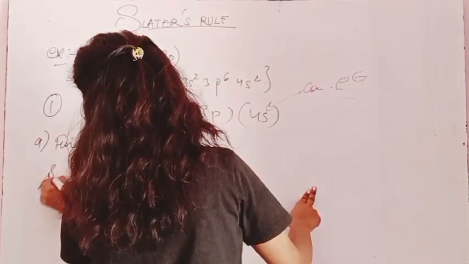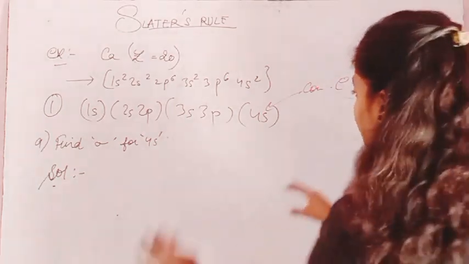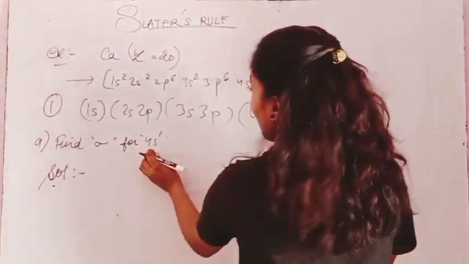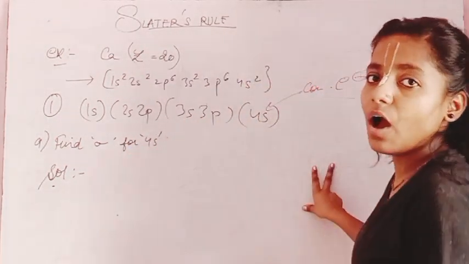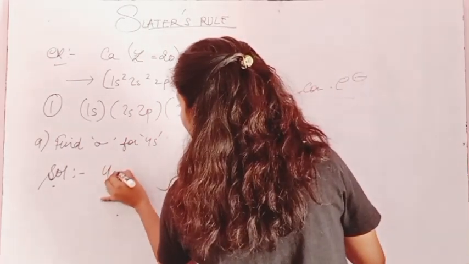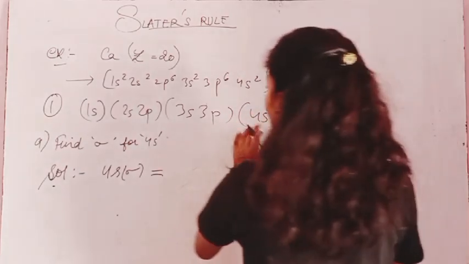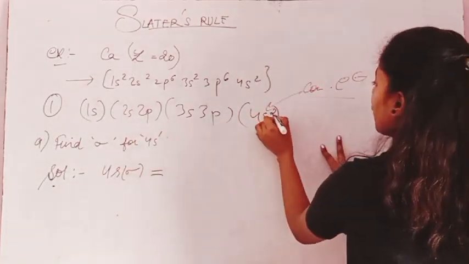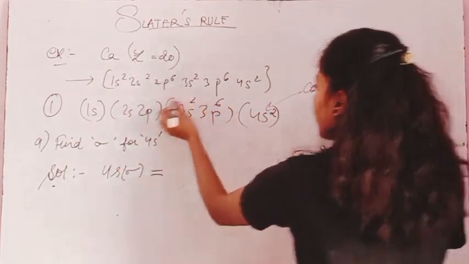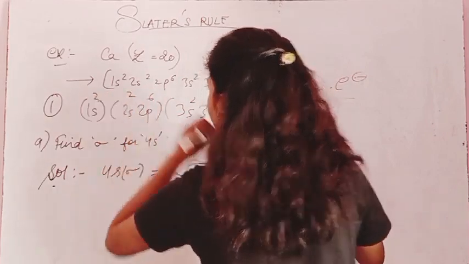Now the solution goes as, for 4s, the first thing is we have to find the sigma for 4s. Write down like this. How many electrons are going to come in? Here is 2, 6, 2, 6, 2 and 2. Clear?